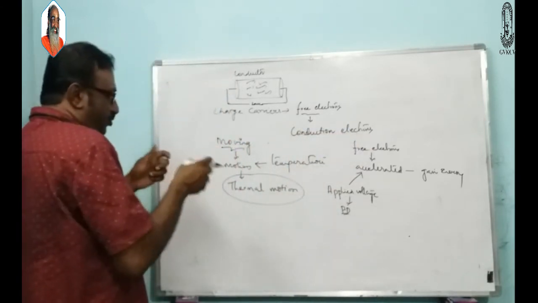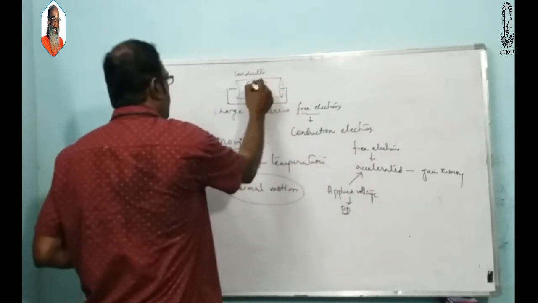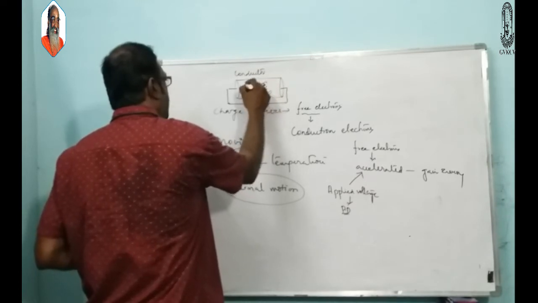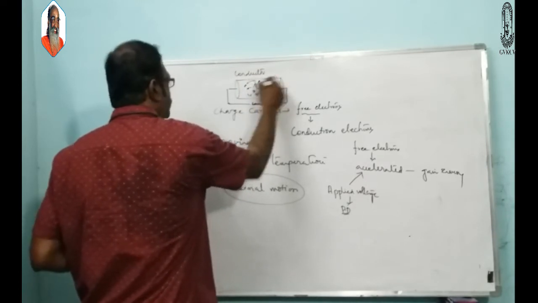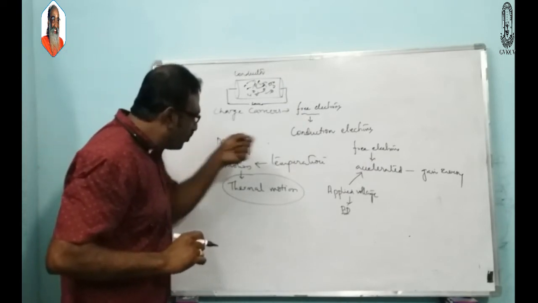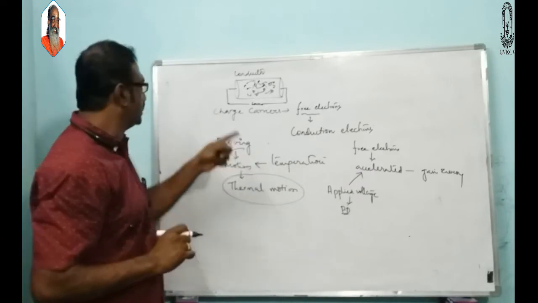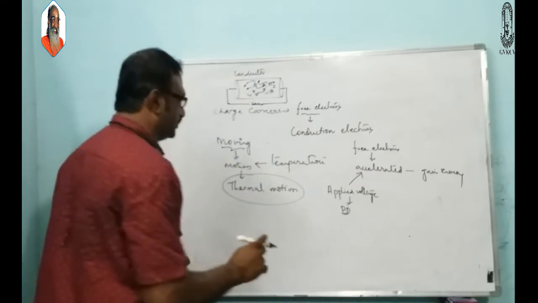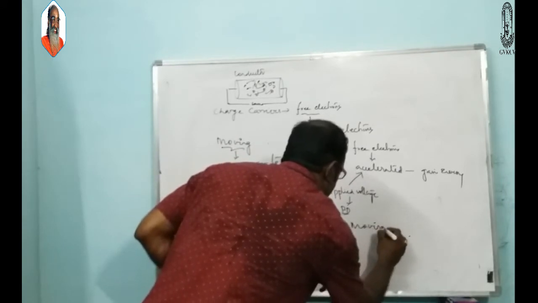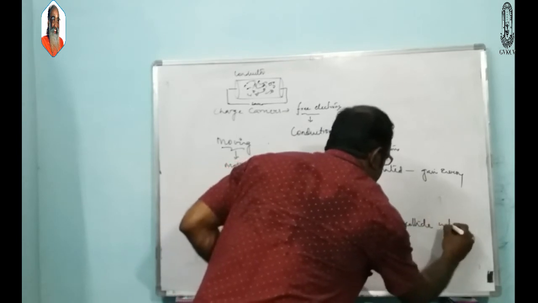Now when these charged particles are moving, around them the atoms of this conductor are present. So when these free electrons are moving after gaining some energy, they collide with the atoms.